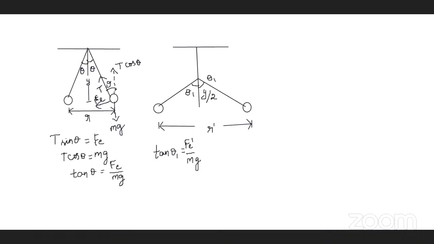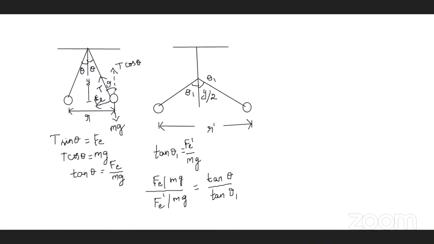Now I can divide this equation by this equation: Fe by mg divided by Fe prime by mg is equal to tan theta divided by tan theta 1.